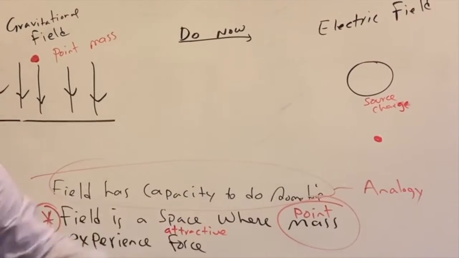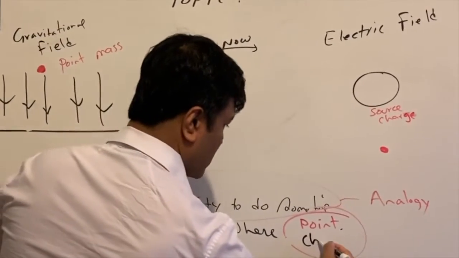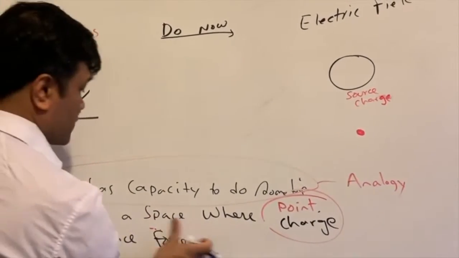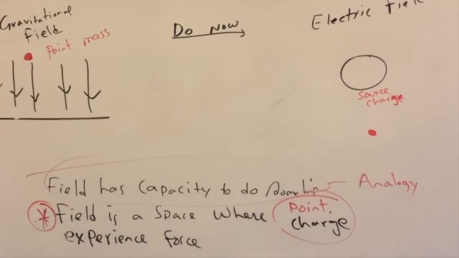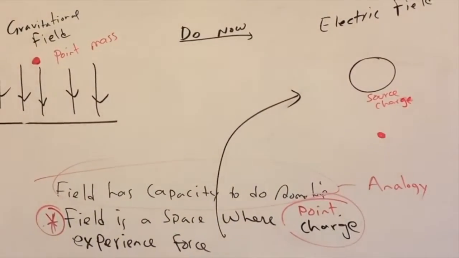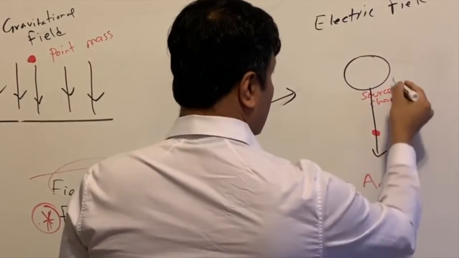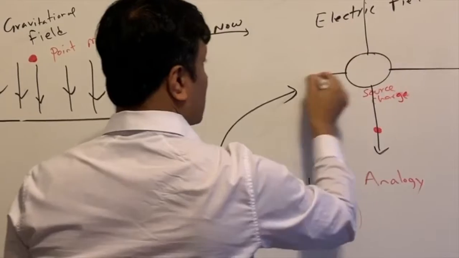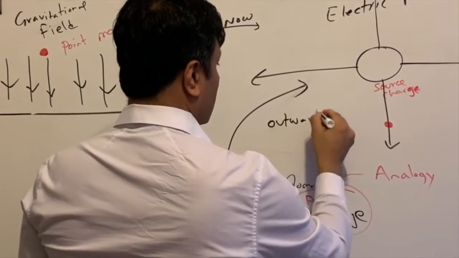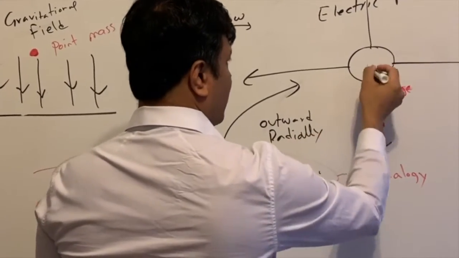Field is a space where a point charge experiences force. Okay, so this is the definition of where a point charge experiences force. Now, if a point charge experiences a force, then what type of charge is it?